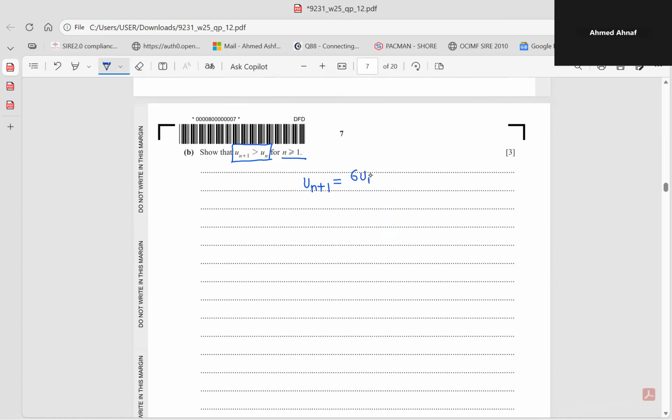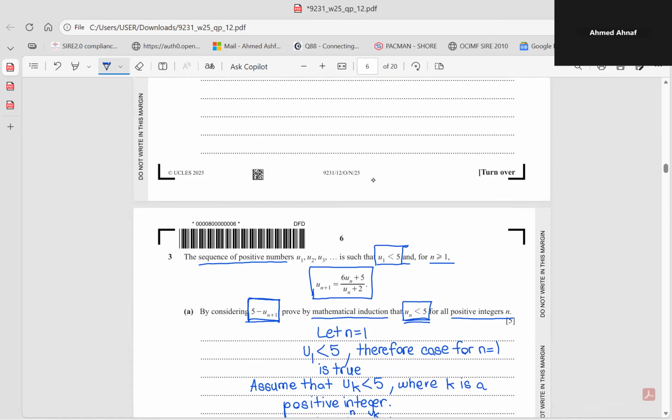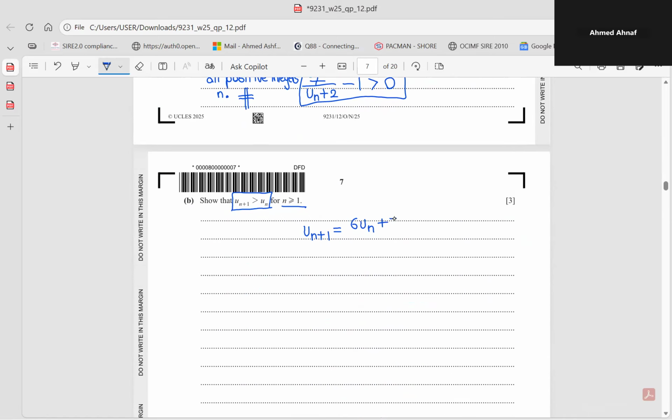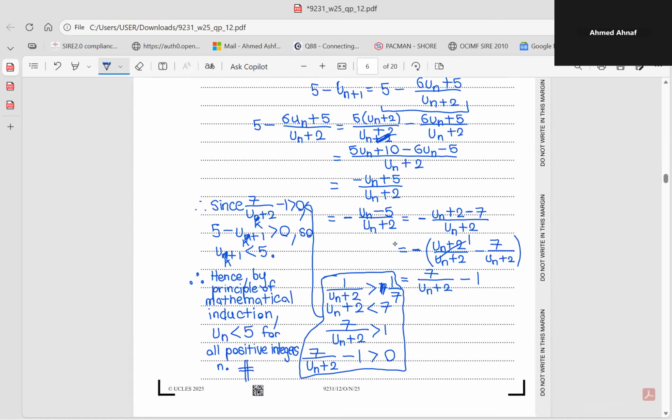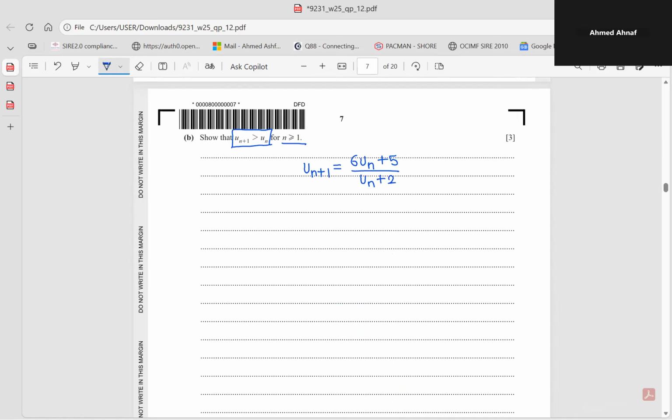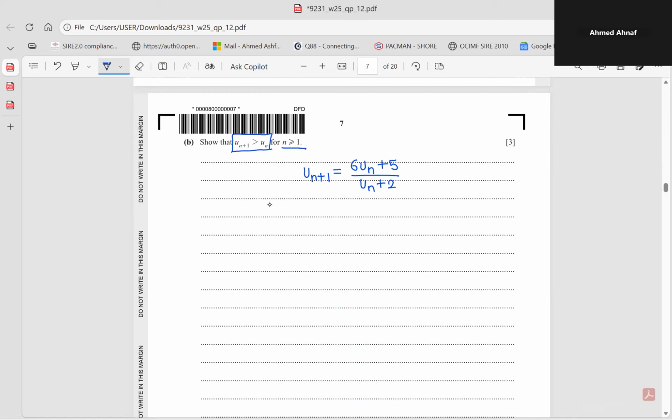So (6un plus 5) over (un plus 2). And now we're just going to find the difference, un plus 1 minus un.